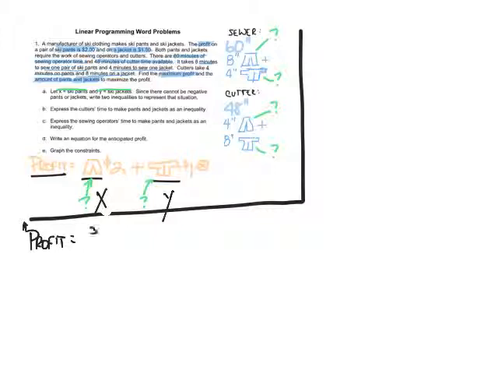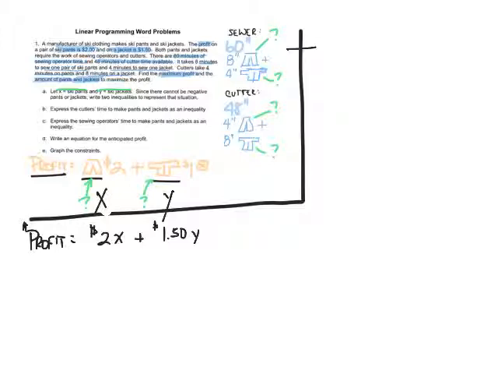So I get $2 for every pair of pants and $1.50 for every jacket. That's three variables: X, Y, and profit. I really am going to have a very challenging time trying to solve a problem for three variables. So let's get some information that can help us solve that down further.